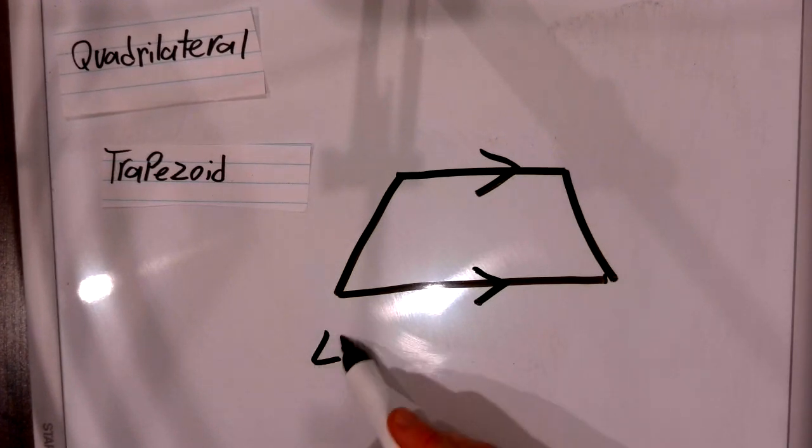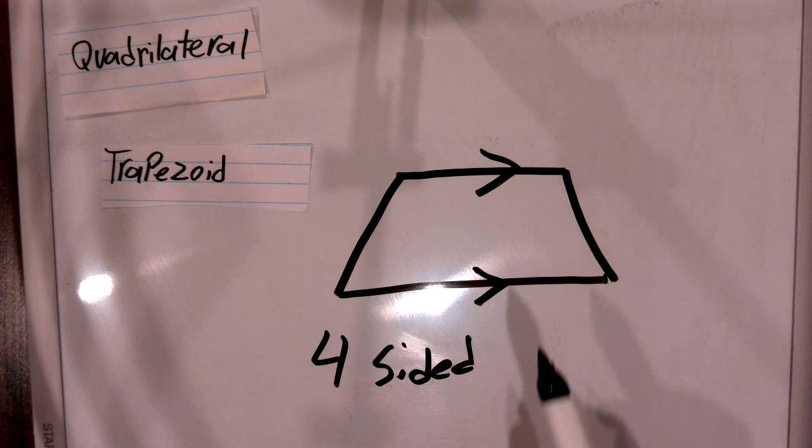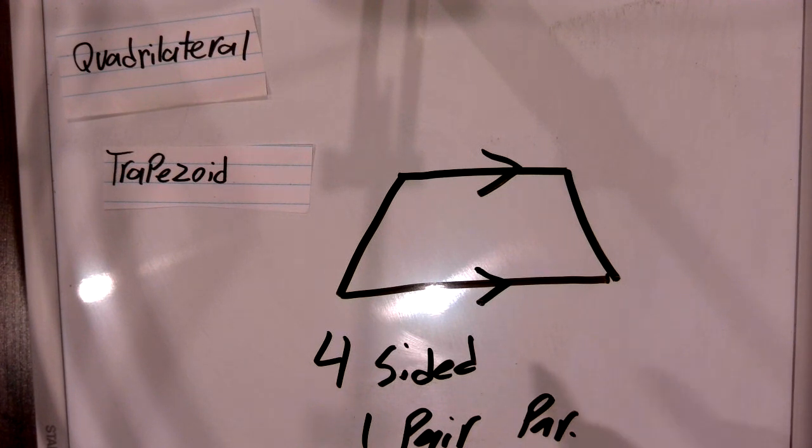So this is a four-sided shape with one pair of parallel sides. That makes it a trapezoid. Trapezoids can come in many different forms. So look for these attributes, the four sides and one pair of parallel lines.